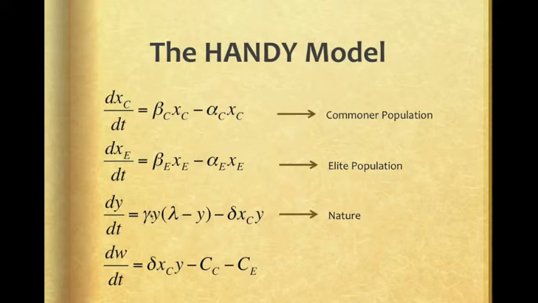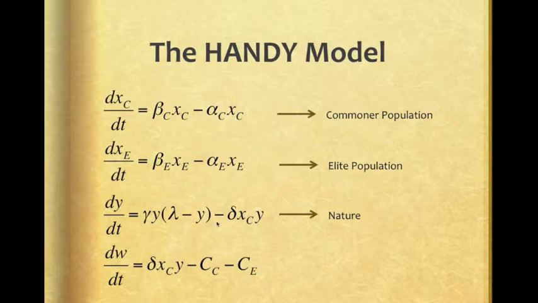You have a regeneration rate gamma times the nature stock, and then also driven by the difference between the nature stock and some maximum nature capital or carrying capacity for nature. And this lambda parameter is used to denote the value of nature in the absence of depletion.